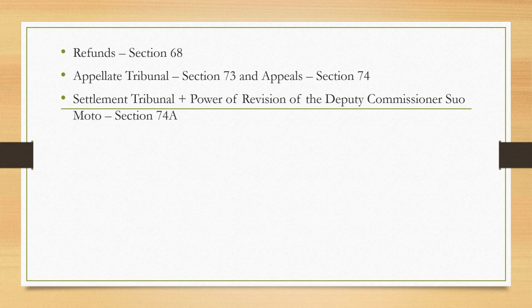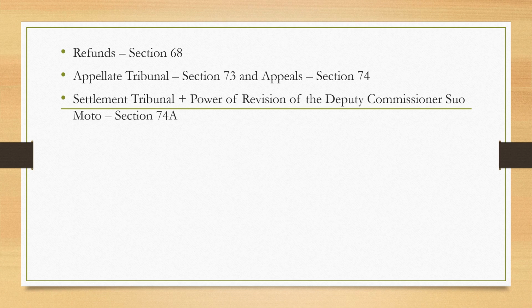So a single person can dispose of any case if the total agriculture income computed by the agriculture income tax officer does not exceed 50,000 rupees and all cases of assessment under section 13.